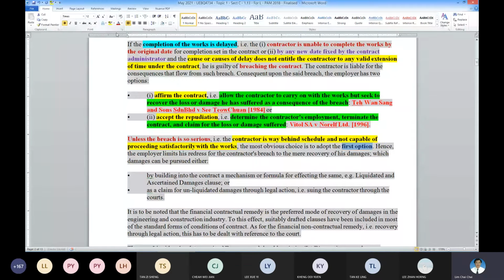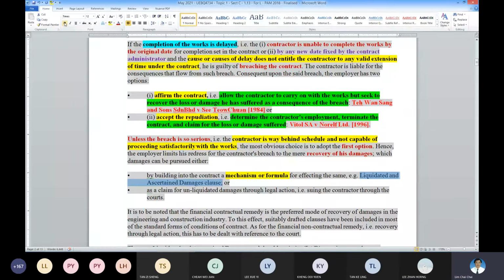So you recover the damage. How to recover damage? That means inside the contract there is a mechanism or formula to compute it. What we have in our PAM is the liquidated damage clause. So this clause that we have, okay?